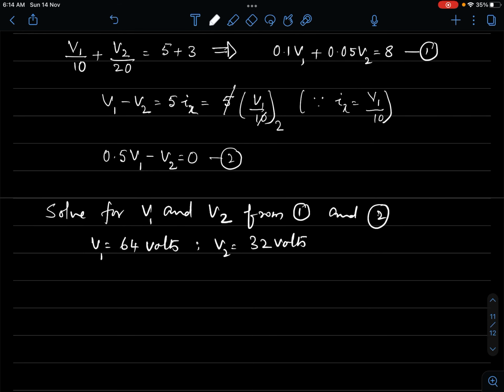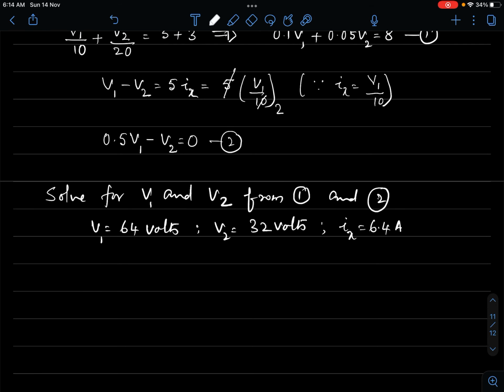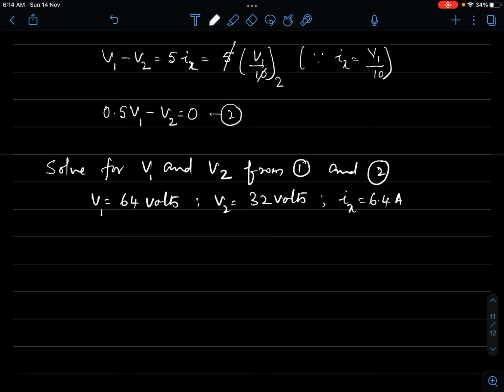And what is Ix? I can get Ix as V1 divided by 10. So obviously Ix is 6.4 ampere. Alright, so I'm able to get all the three values. Having found V1 and V2, we can find out the power dissipated in 16 ohms. How do we do that? Power in 16 ohms is voltage across 16 ohms squared divided by 16 ohms, V square by R. What is the voltage across 16 ohms?